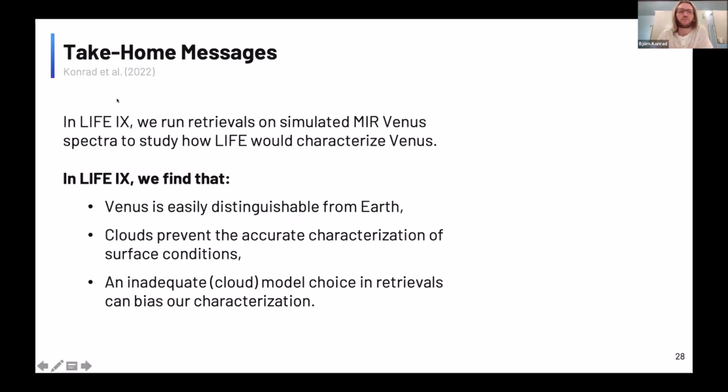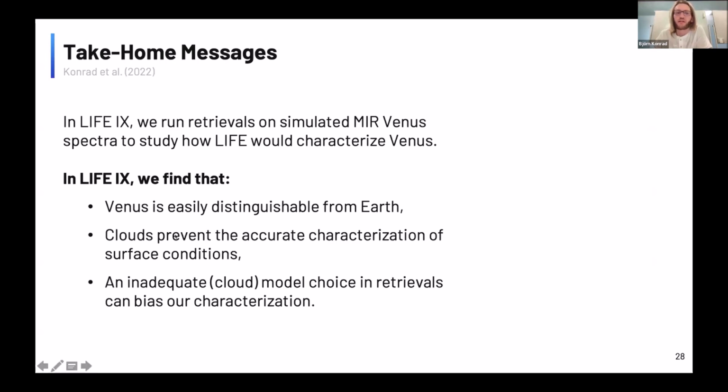So in LIFE 9, we run retrievals on a simulated mid-infrared Venus spectrum to study how LIFE would characterize Venus. And we find that Venus can be easily distinguished from Earth, mainly by determining how much CO2 is in the atmosphere.